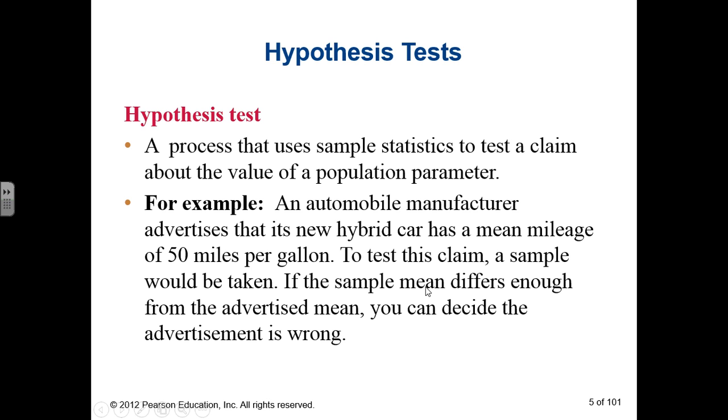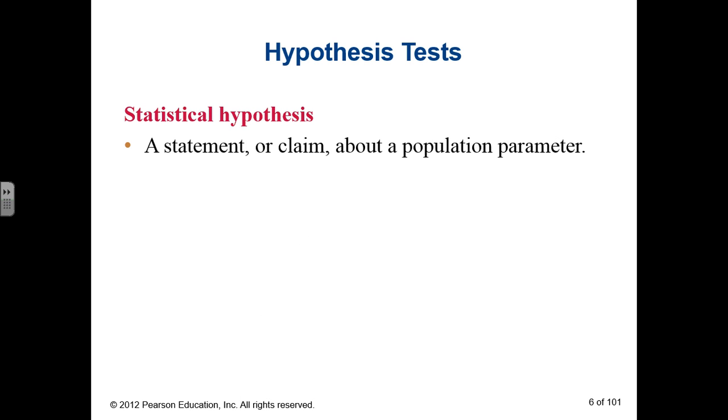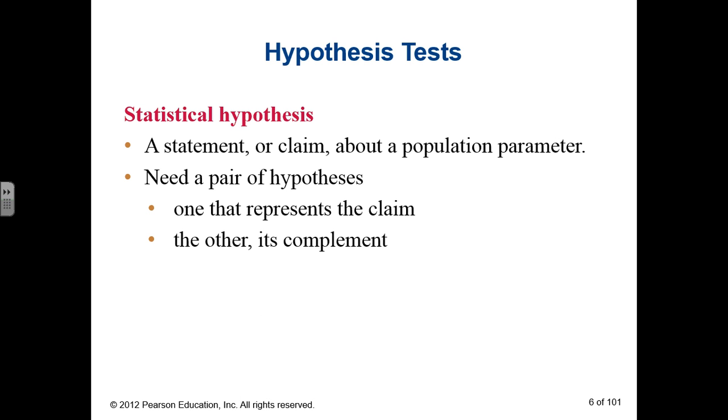And if the sample mean differs enough, now that's going to be the key to this section. The sample mean probably differs from 50, but does it differ enough that we can say the advertisement is wrong? So in a hypothesis test, we have a statistical hypothesis. In fact, we really have a pair of hypotheses, one that represents the claim and the other that is its complement.